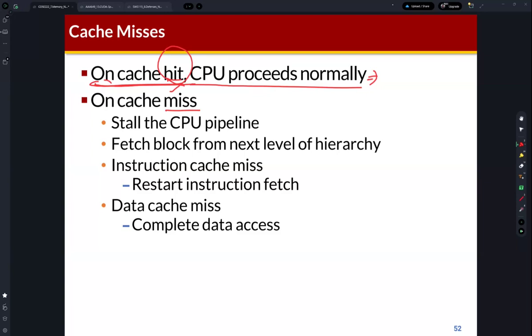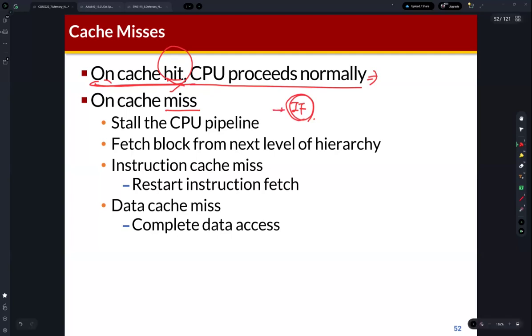For example, in the instruction fetch stage, a processor accesses instruction memory to fetch an instruction, but we can also encounter a cache miss, right? Because the instruction memory is also a level 1 cache. Then what will happen?